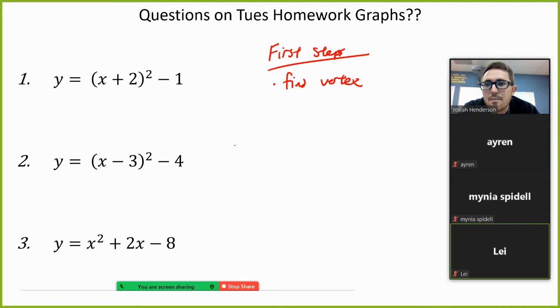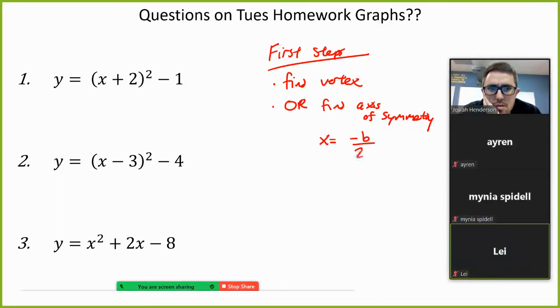And if it's in standard form, like number 3 at the bottom, we can't know the vertex just by looking at that, but we can find the axis of symmetry. This we did on Tuesday, the axis of symmetry. The formula is x equals negative b over 2a.